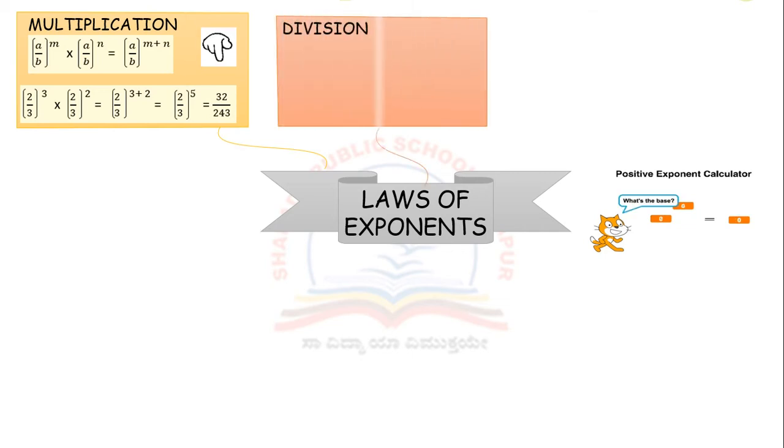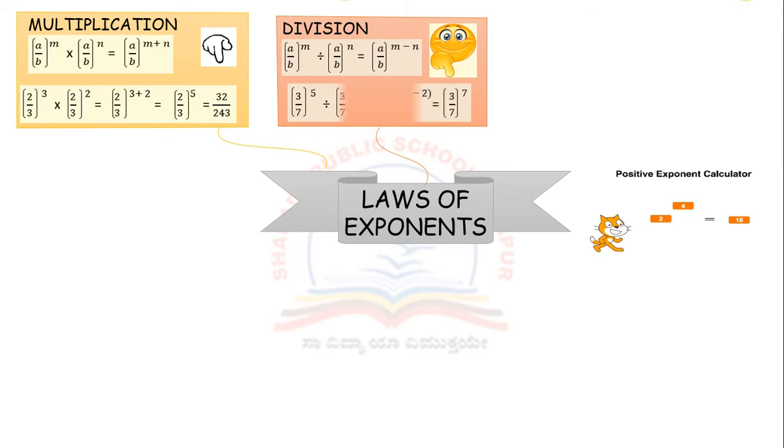Division rule. A by b to the power m divided by a by b to the power n is equal to a by b to the power m minus n. Example, 3 by 7 to the power 5 divided by 3 by 7 to the power minus 2 is equal to 3 by 7 to the power 5 minus minus 2, that is equal to 3 by 7 to the power 7.